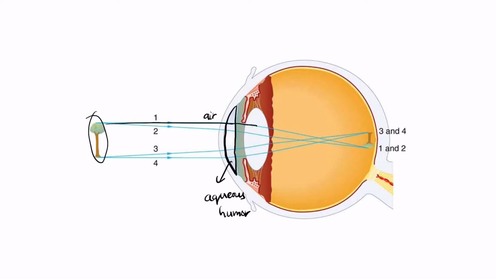The lens also has a higher refractive index, so it bends much more, and at the end it ends up forming the image right at the fovea. This is the general formation of your image, and the image in general is inverted.